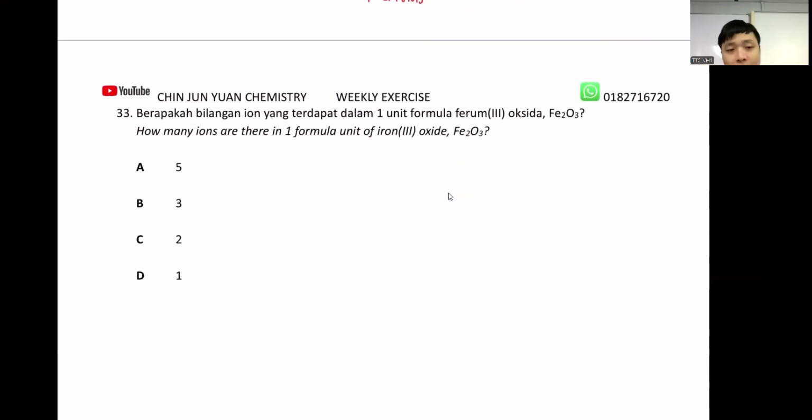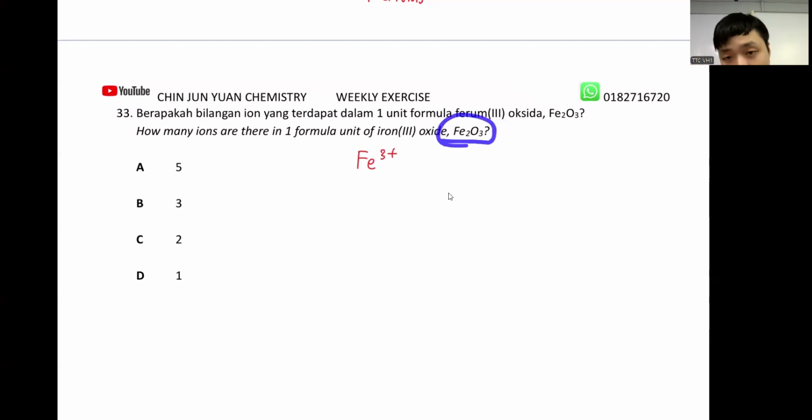33. How many ions are there in one formula unit of iron trioxide? Now, many people don't know this. I explain to you. Just now I asked you to memorize the charge, isn't it? Iron 3, ferrum, the charge is Fe3 plus.